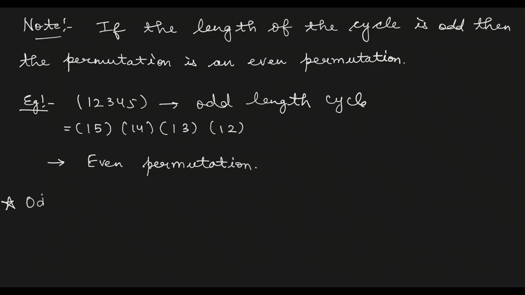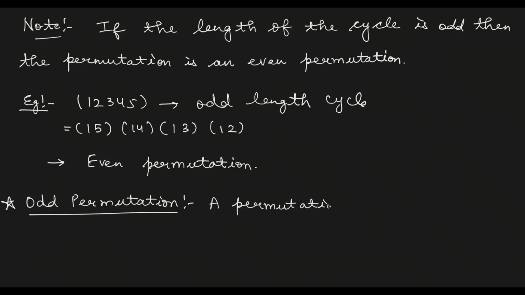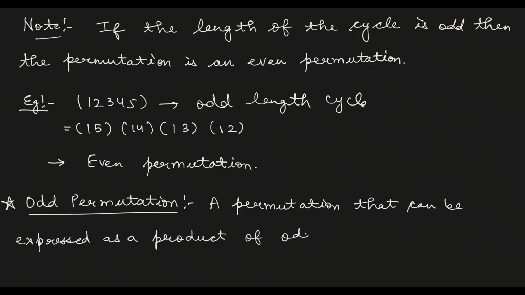Next, odd permutation. A permutation that can be expressed as a product of an odd number of 2-cycles is an odd permutation.